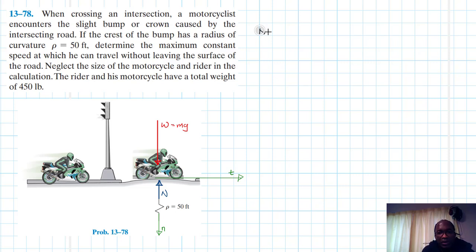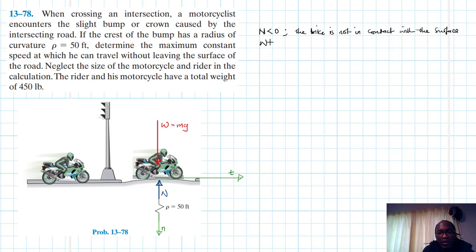All right, so we have three conditions. The first condition is where N is less than 0, where the bike is not in contact with the surface.